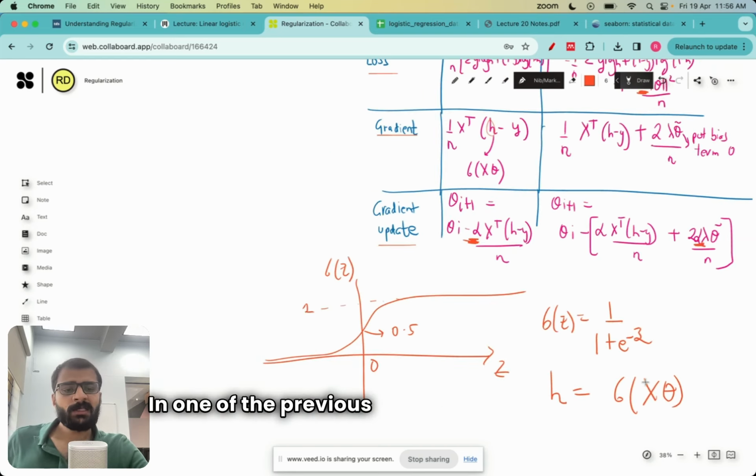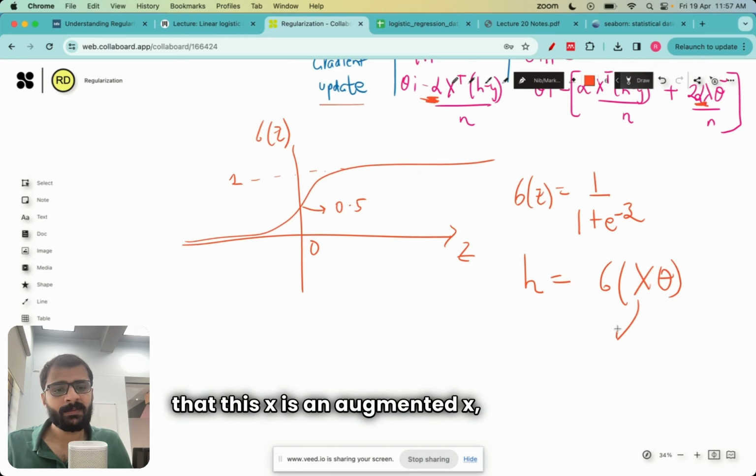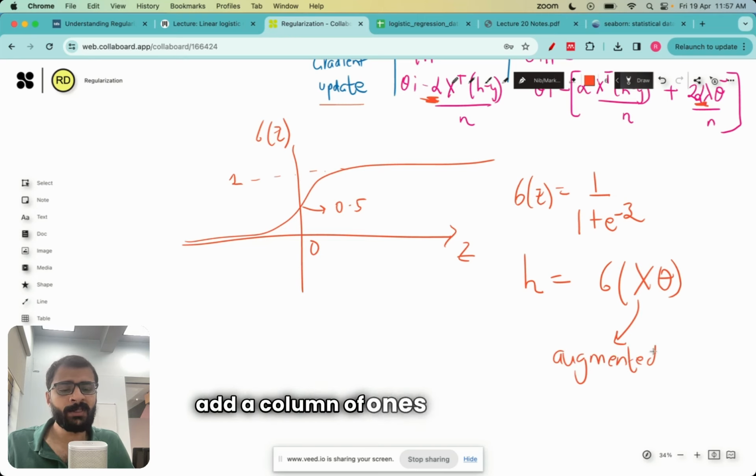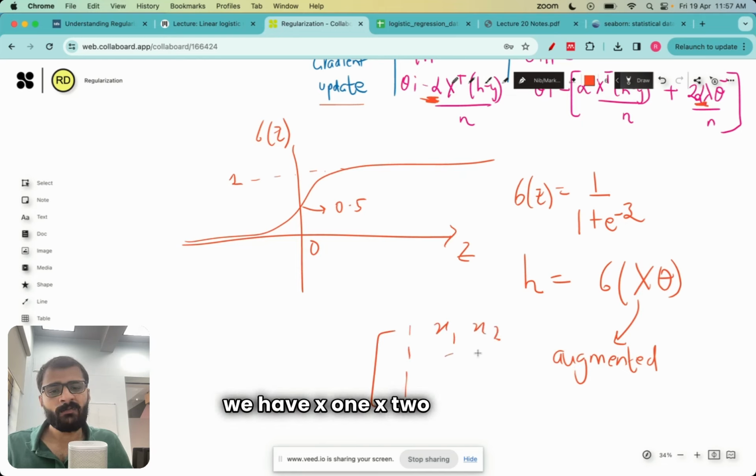In one of the previous lectures we have seen that this x is an augmented x where we add a column of ones to the x data. So the x data is actually 1 1 1 1, and then we have x1 x2 similarly.